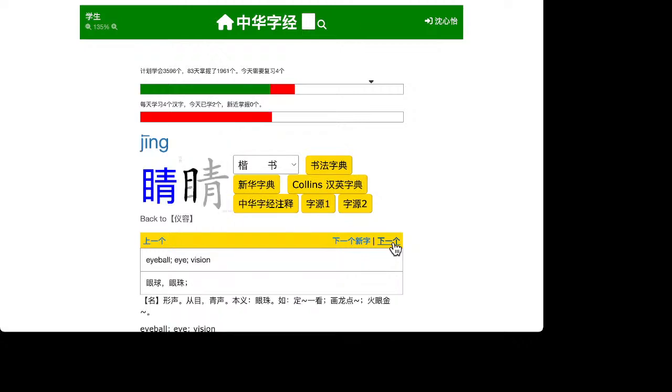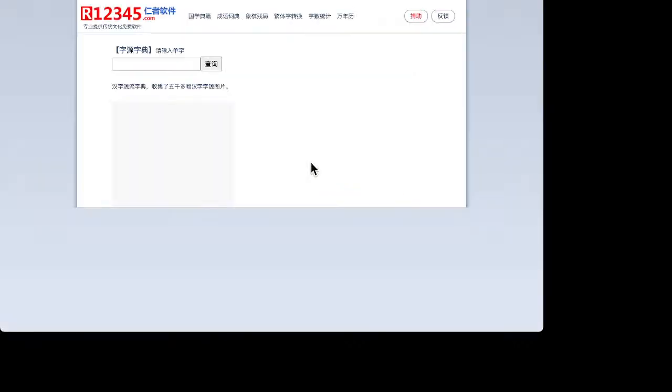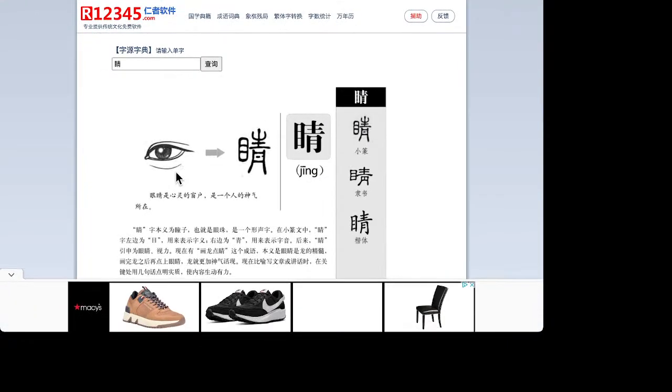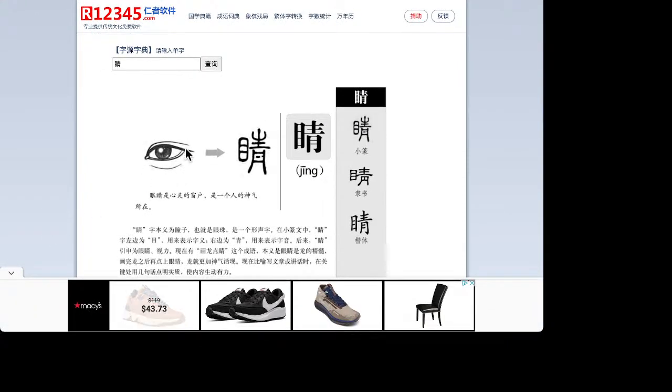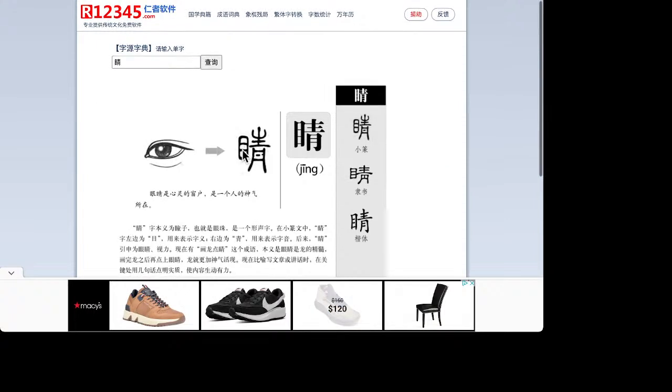Jing. Jing is an eyeball, or an eye, or vision, the sense. If you look at this on the side, this is mu, which is an eye. It's turned sideways now, but that's originally what it was.